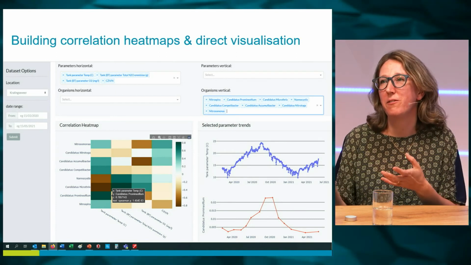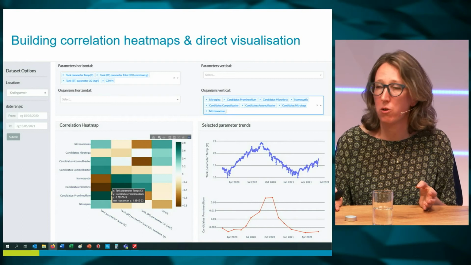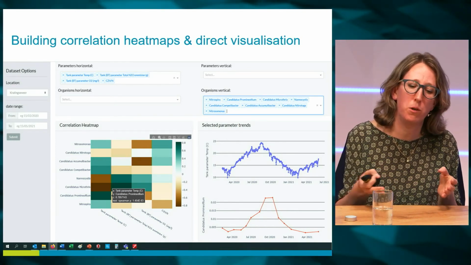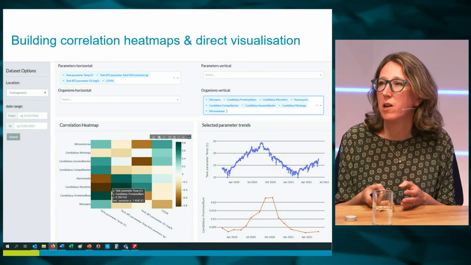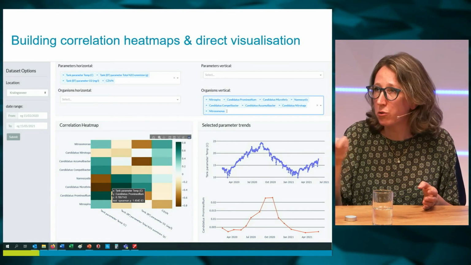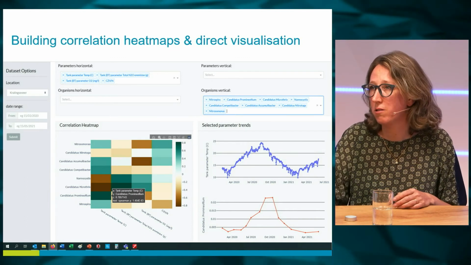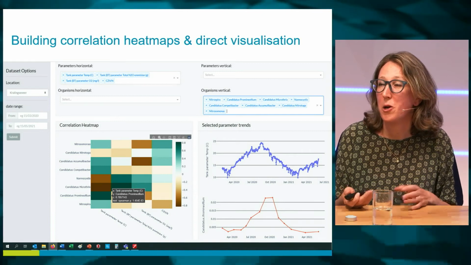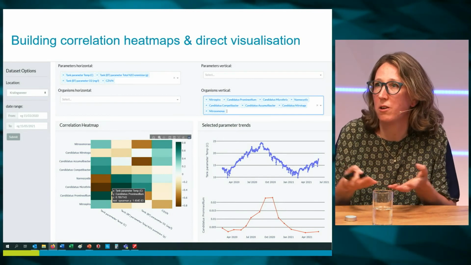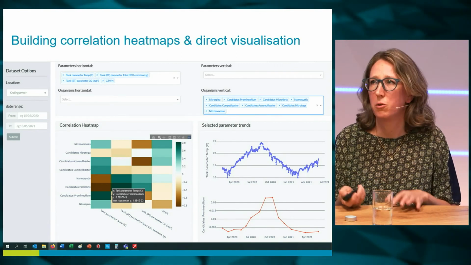Another thing we've included is the possibility to look at correlations, so very basic correlations between different parameters that have been included in the databases to see if there's any obvious trends occurring. And this is just one example here on the right of a certain organism that apparently likes warmer temperatures, because on the top is the temperature that's being monitored. So this has a correlation that occurs, and of course you need to look further into seeing if this is very significant or not.